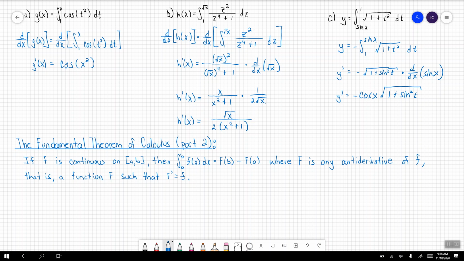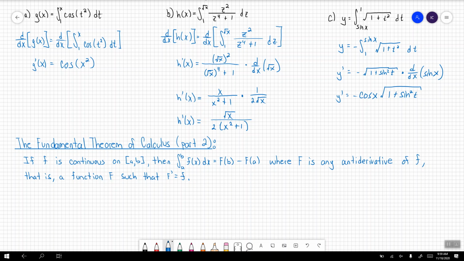And what we're saying here is that we find a function, capital F, such that when we take the derivative of that function, we get lowercase f of x. Now, we're going to go through the process here, and we're going to start identifying what that means.